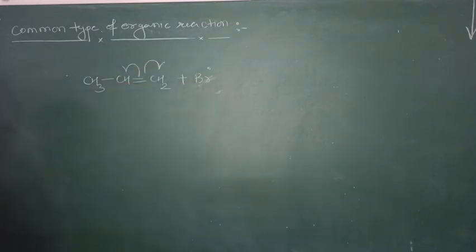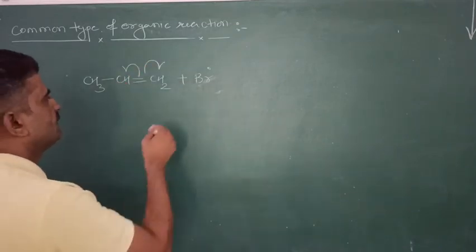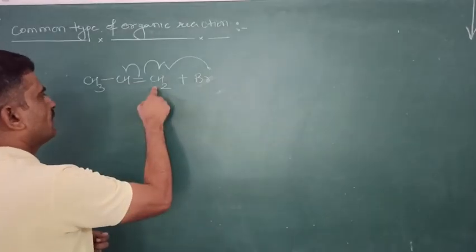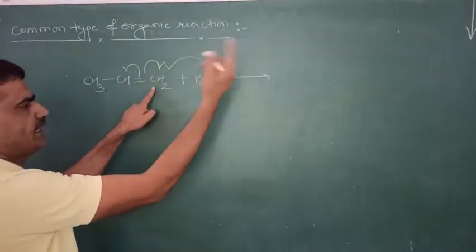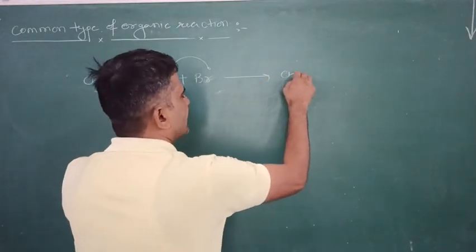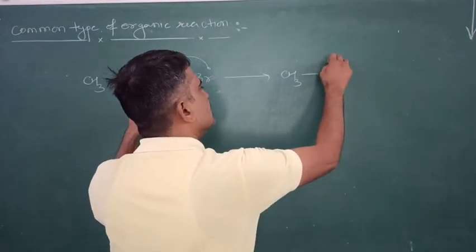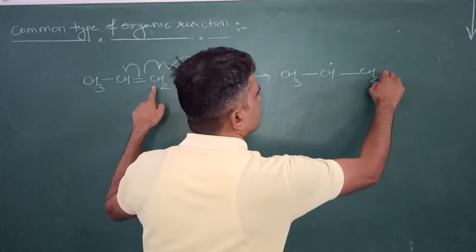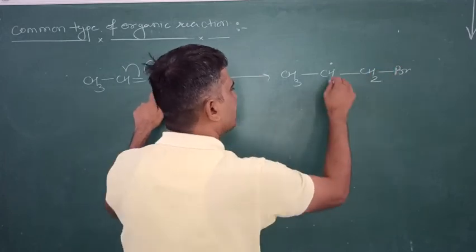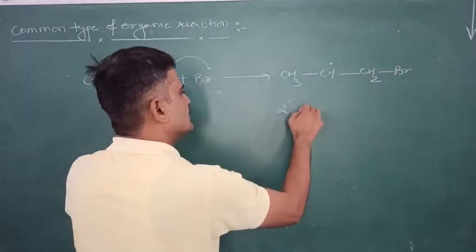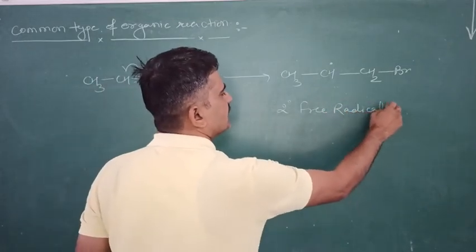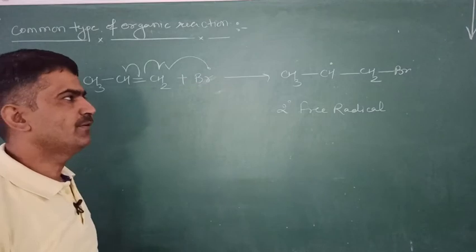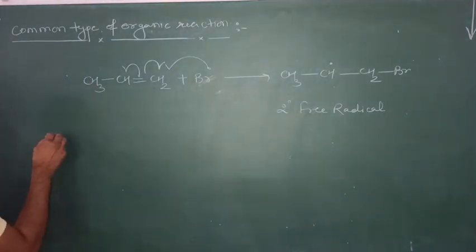This pi bond is broken now, and this bromine will join to this carbon. Why join to this carbon? Because it forms a secondary free radical. And this secondary free radical is more stable than the primary free radical.